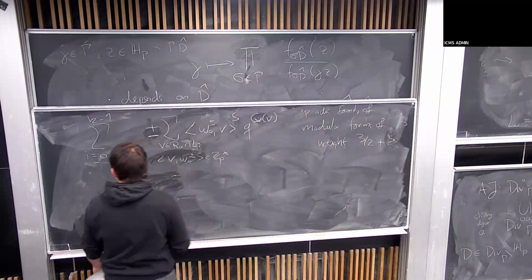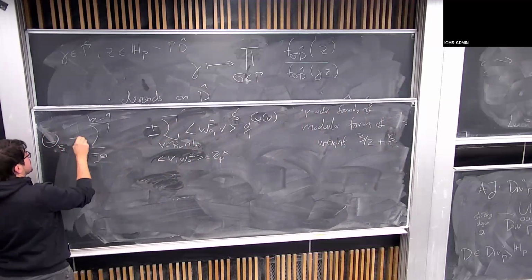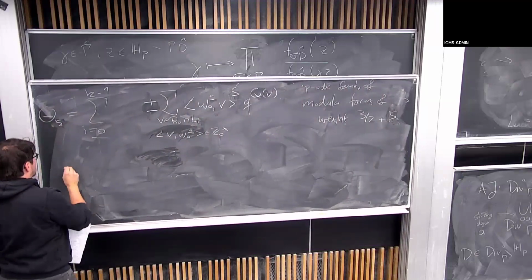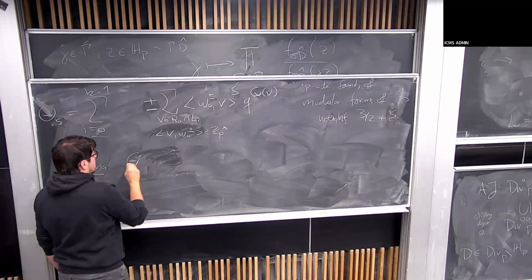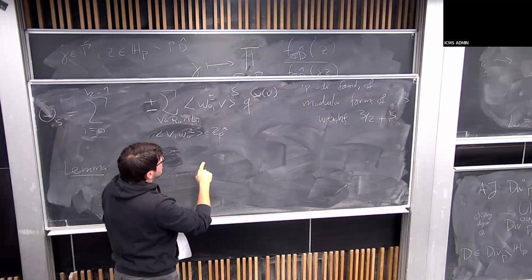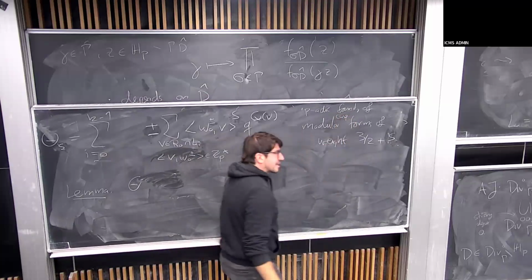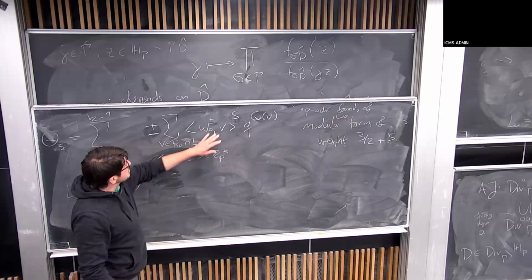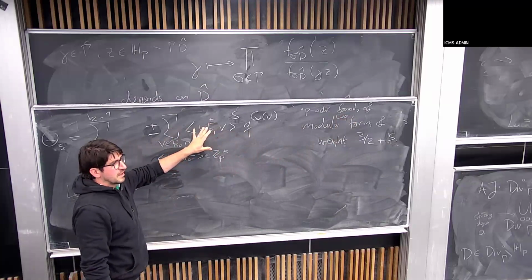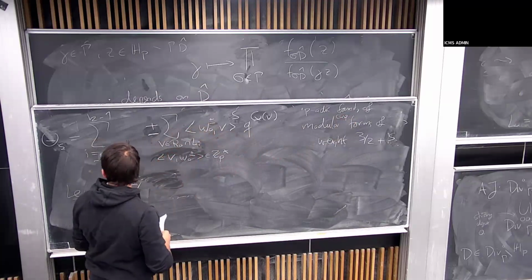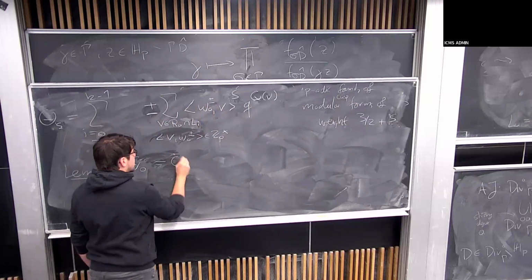But now the funny thing is, call this maybe theta s. So the crucial lemma is that, and note that these are cuspidal. Whenever you introduce such a harmonic polynomial, what you get is cuspidal. But what happens somehow at s equal to 0, this thing is in fact 0.